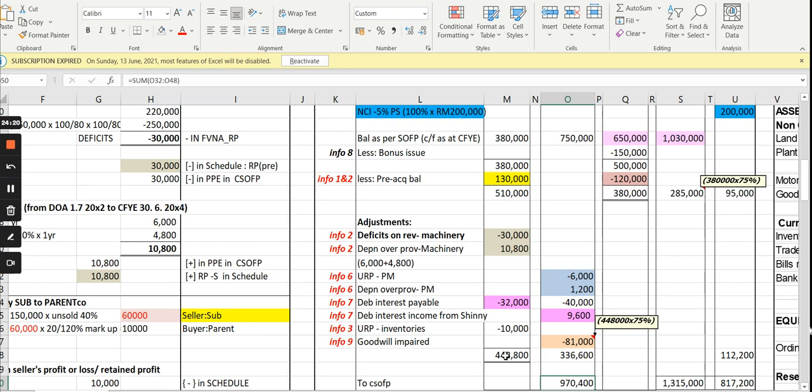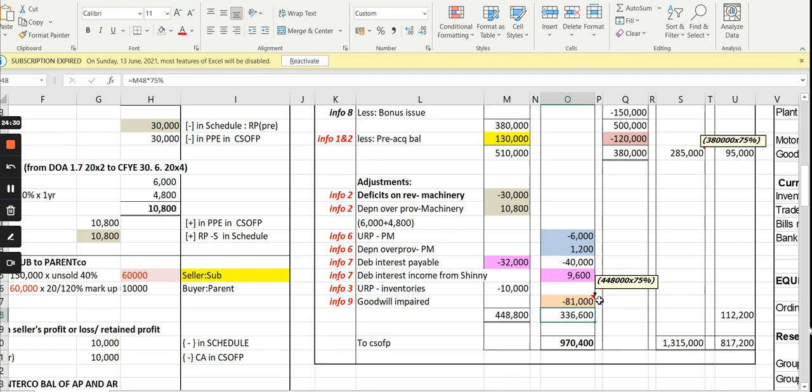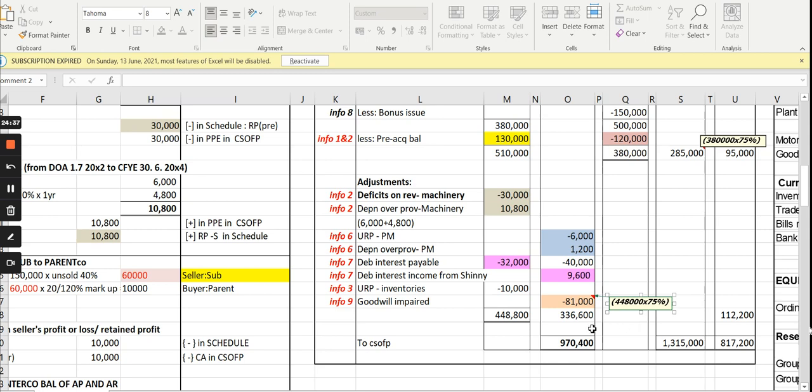So now you have this figure, 9,070,400, as a result of also having the share of another item here, which is the share of the profits. Share of the profit that is by the parent in the subsidiary.